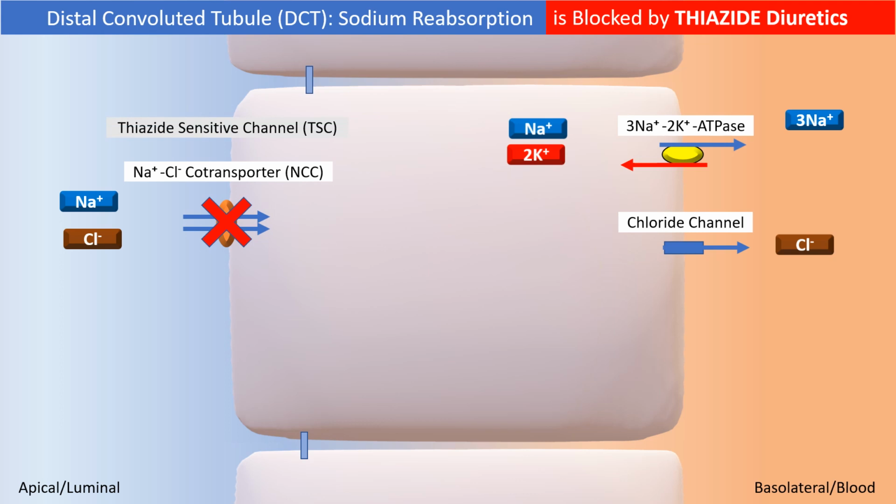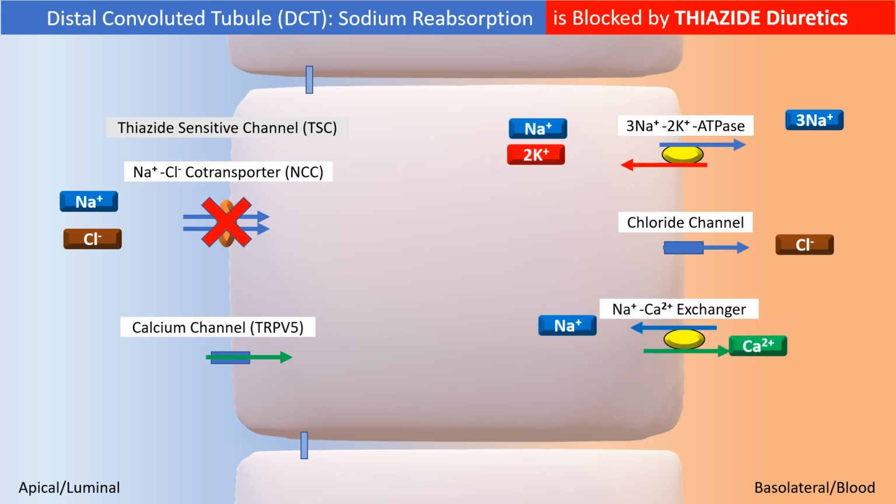The distal convoluted tubule is also involved in calcium reabsorption. Here, calcium is reabsorbed at the apical surface via a calcium channel, then back into circulation via the sodium-calcium exchanger. Of note, when thiazide diuretics block apical sodium reabsorption, it makes it easier for sodium to enter the cell from the basolateral side via the sodium-calcium exchanger.